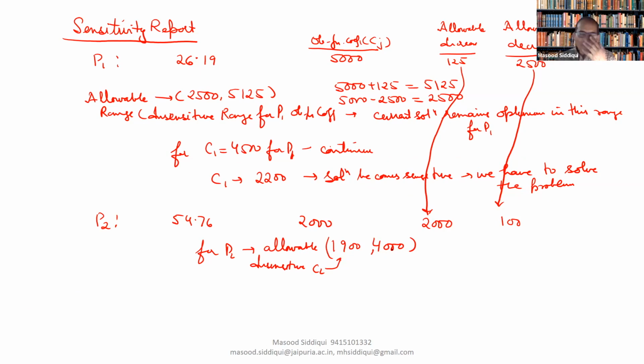It means if the profit for product two remains in the range 1,900 to 4,000, we will continue with the current production policy. That means we will continue producing 54.76 units for product two. So this is the discussion for the individual changes.